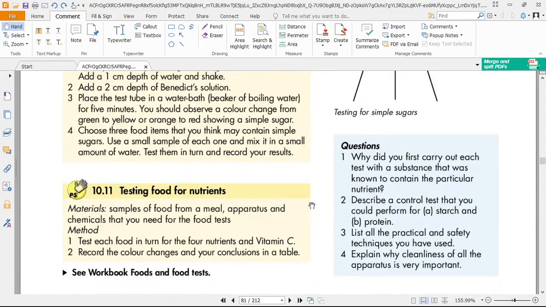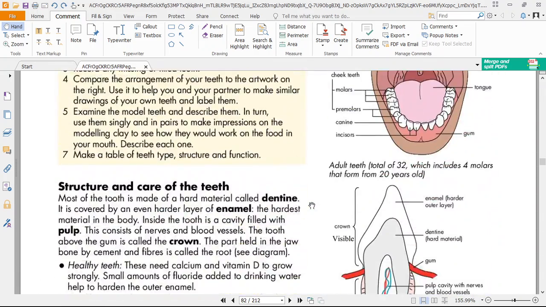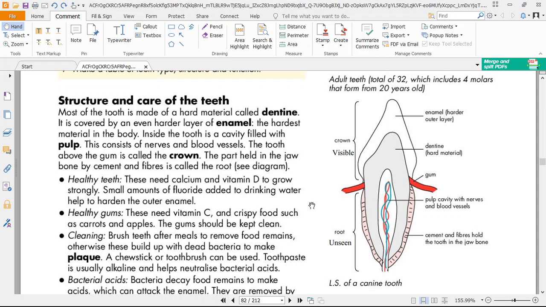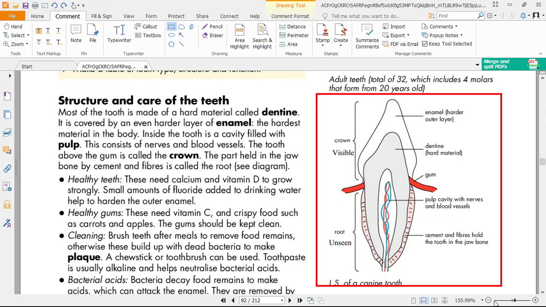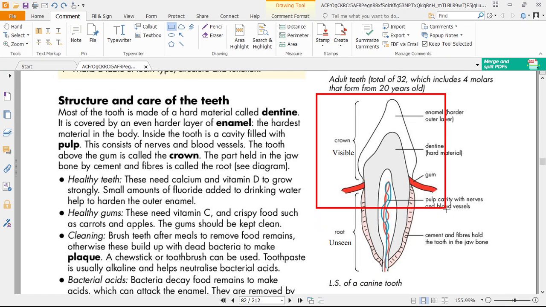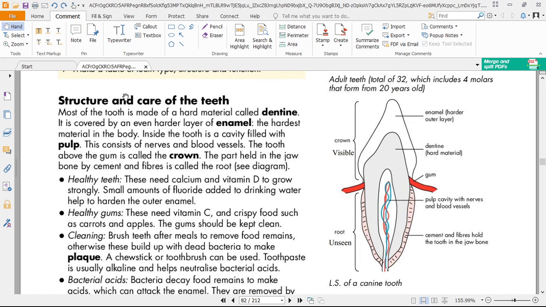We have the teeth diagram, a different food test diagram. This teeth diagram right here is very important to us. It is important that you know this diagram. You might see it on your end of term test, and you need to label it.